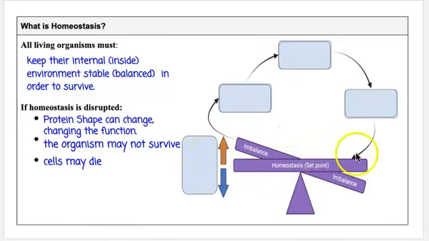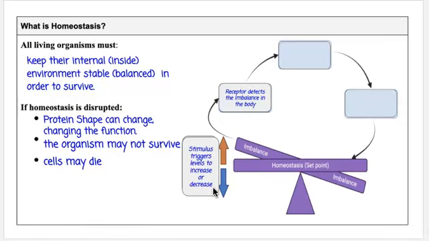Now let's look at this scientific diagram or model. First, there is a stimulus, which is a change like your body getting too hot or too cold. This stimulus could trigger your levels to either increase or decrease. Then a receptor detects that change or that imbalance.